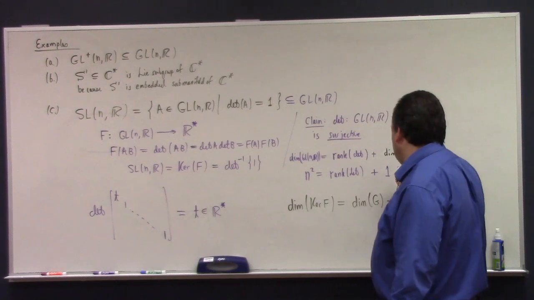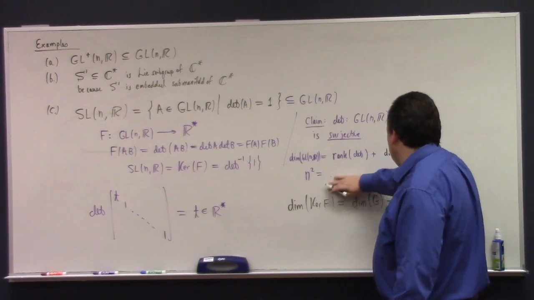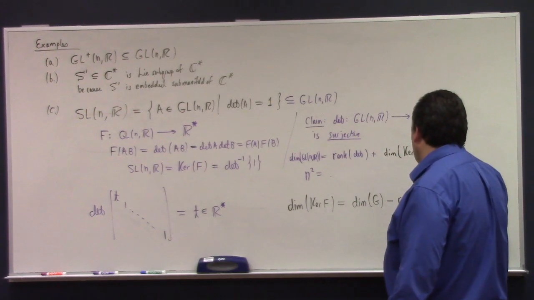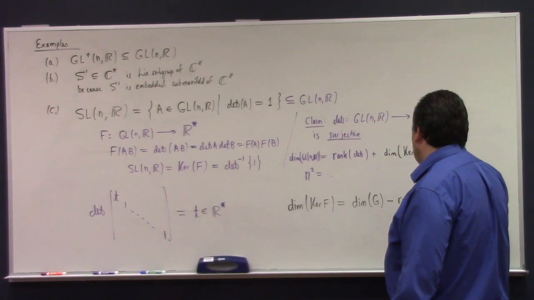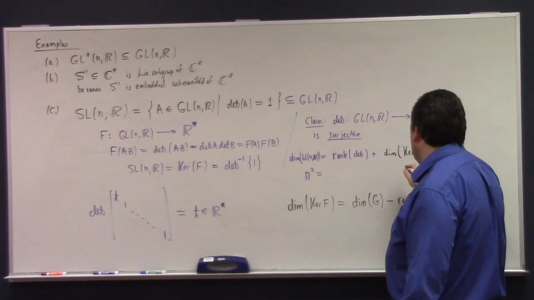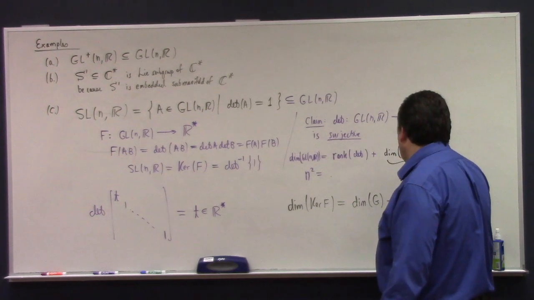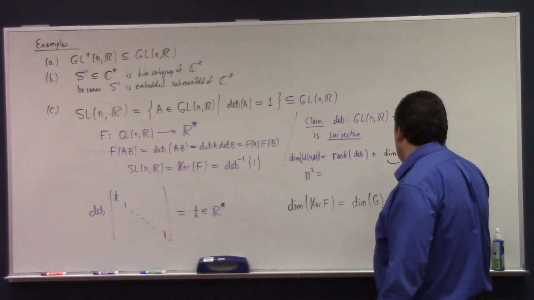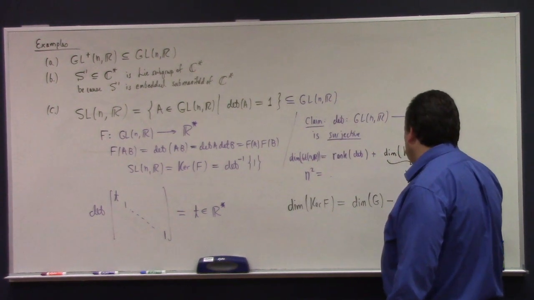So that shows me that the dimension of the kernel is n squared minus 1. Is that right?